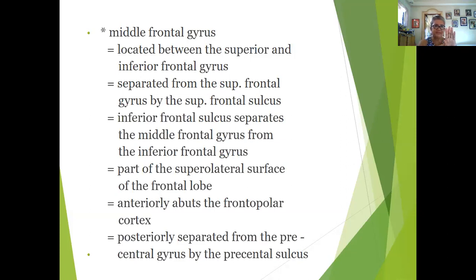Now this precentral sulcus is vertically oriented. Then you will have two sulci that will intersect the precentral sulcus, your superior and your inferior sulcus.